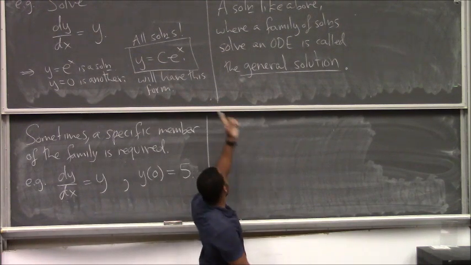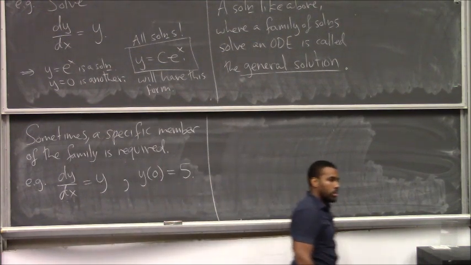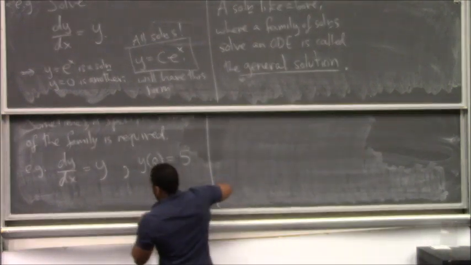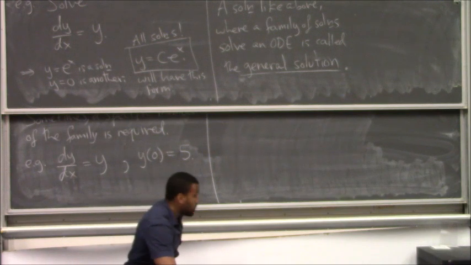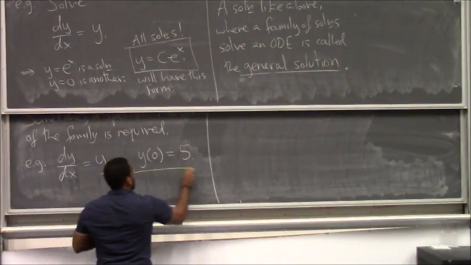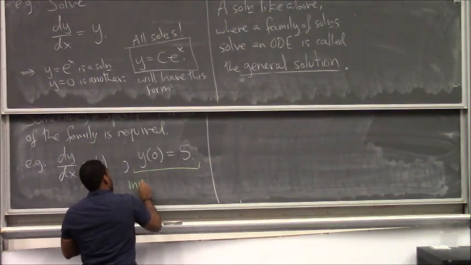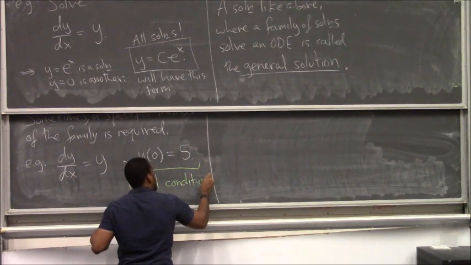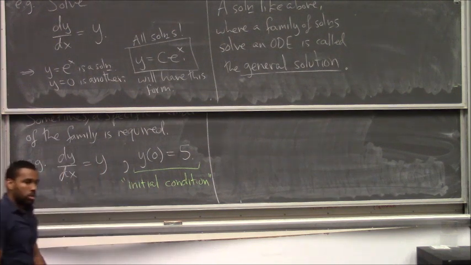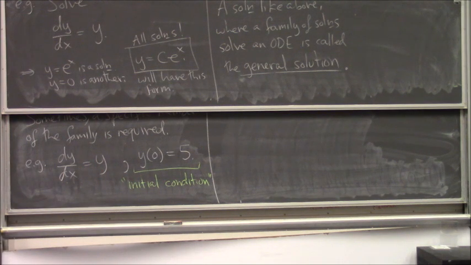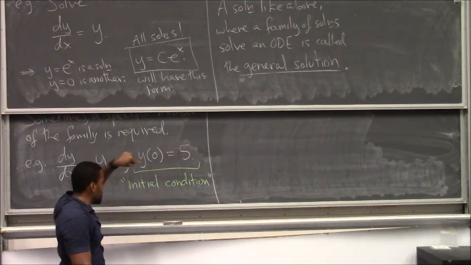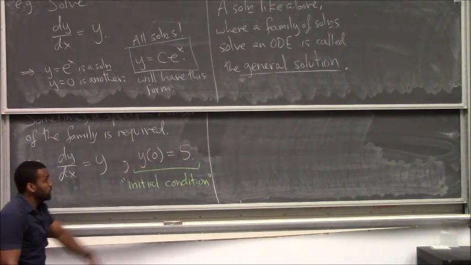Now, not every function is going to do that, right? So, this thing here is called an initial condition. Whenever you see that, it means a general solution is not good enough. You want to find a very specific solution.